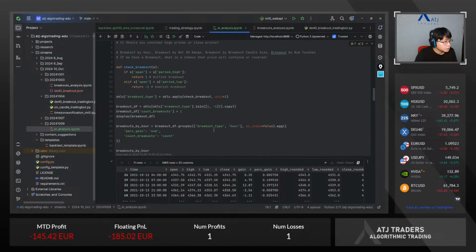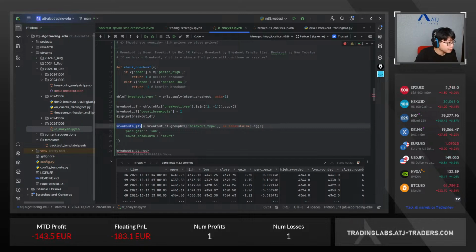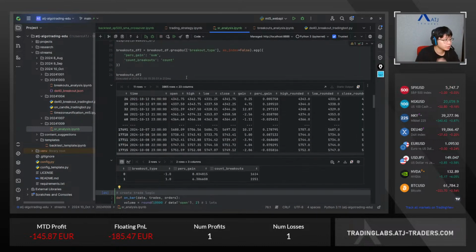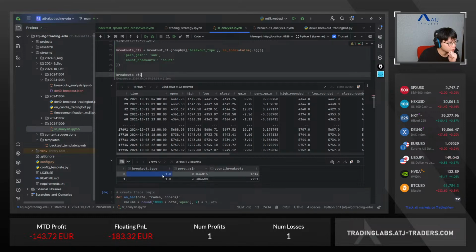Nice. So maybe before we have a look at the breakout by hour, let's just have a look at how bullish breakouts compare to bearish breakouts. Here you see that even though we went short on the bearish breakout, the price increased, and when we went long, the price increased.